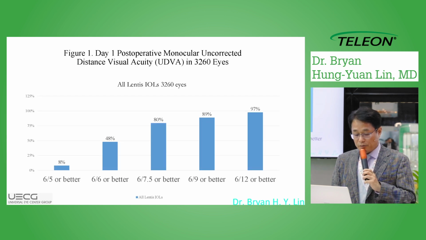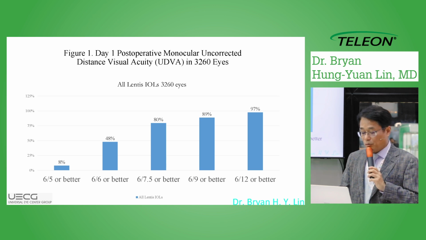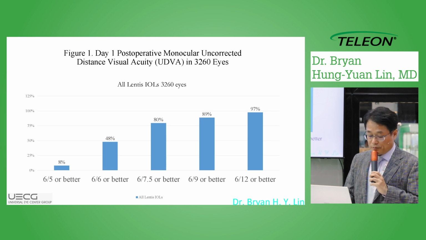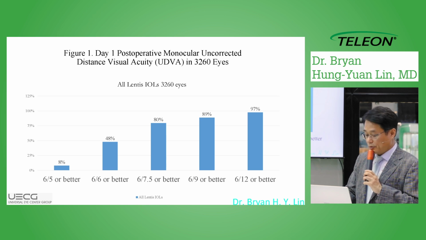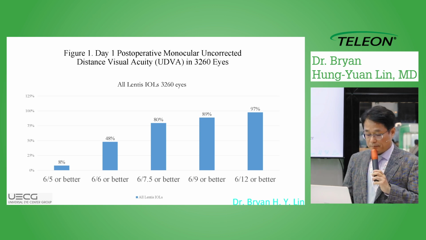The day 1 post-op monocular UDVA for all LENTIS IOLs was better than 1.2 in 8%, better than 20/20 in 48%, and better than 0.5 in 97% of surgical eyes.